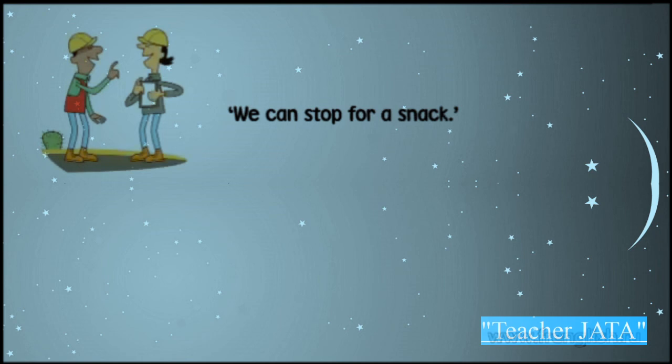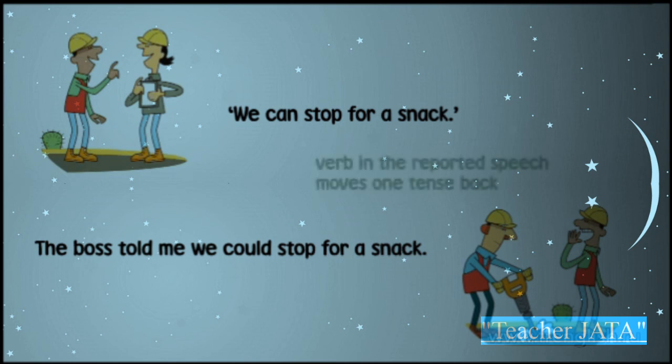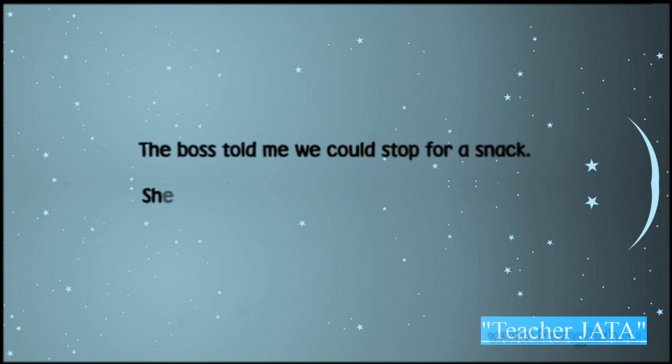We use reported speech to report what people said. When we do this, we usually move the verb in the reported sentence one tense back into the past. We use the verbs say and tell to report speech.